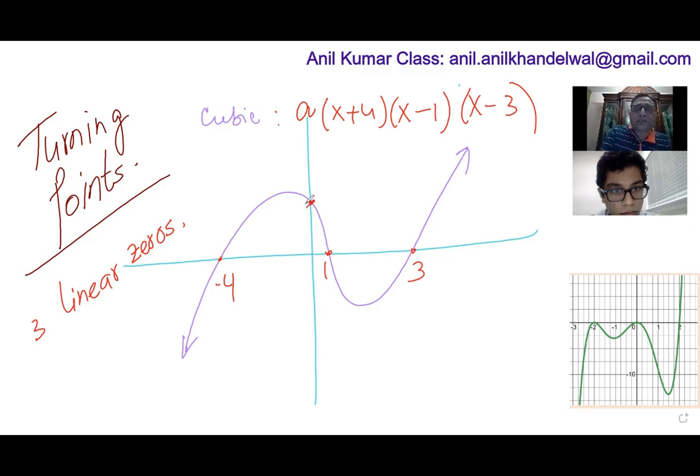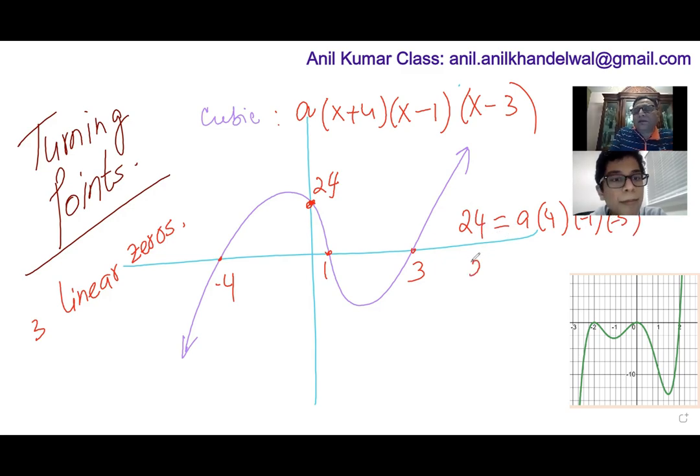Now, if I specify that this particular point here is, let us say, 24. In that case, I know for x equals 0, y is 24, right? So I can find the value of a. So I know that 24 is equal to a times 4 times -1 times -3, right?